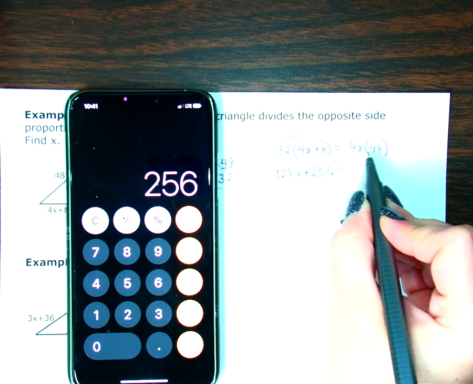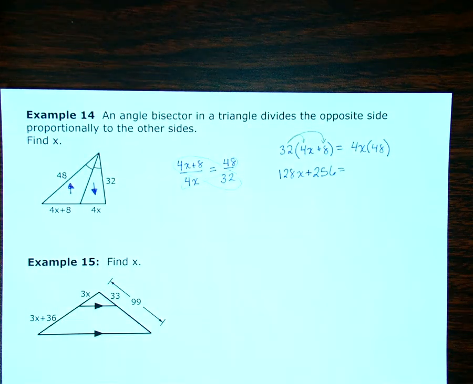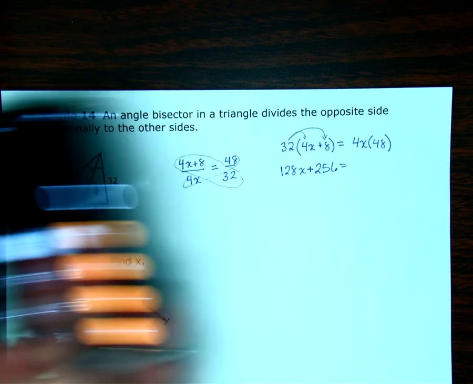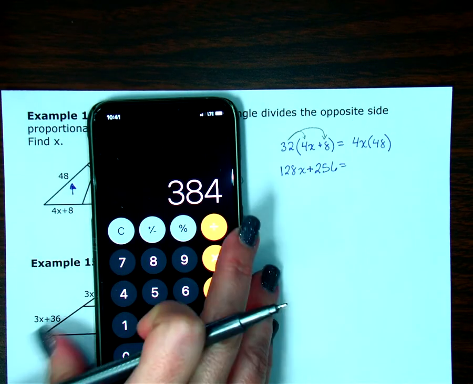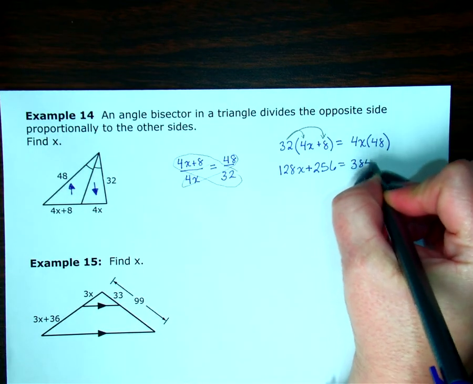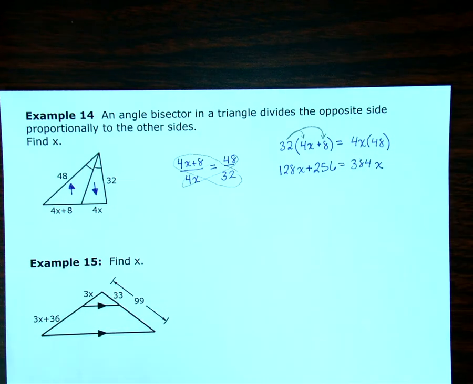Equals, and then 4x times 48. 48 times 8 is 384, and remember it was 4x times 48, so 384x.